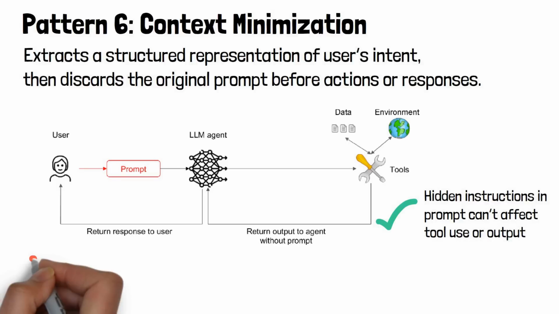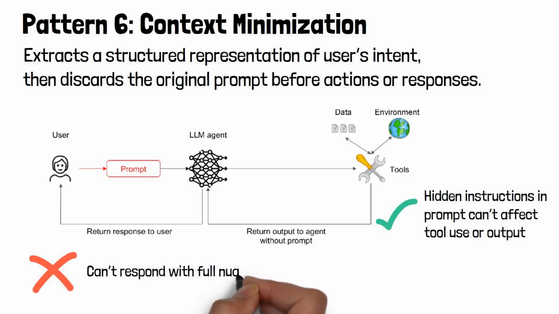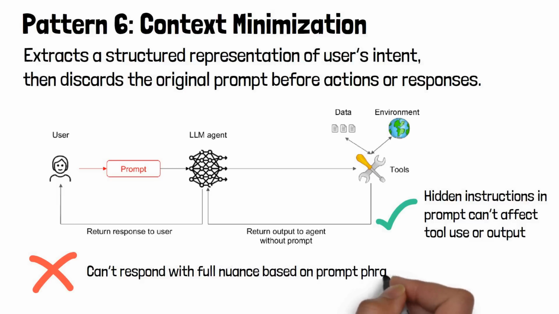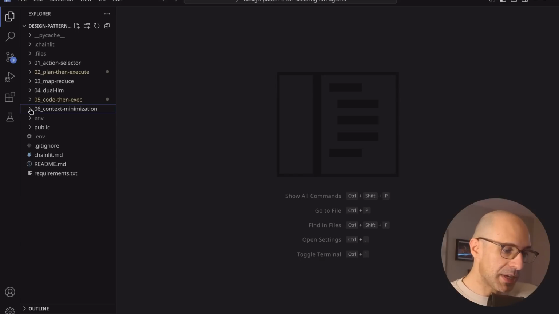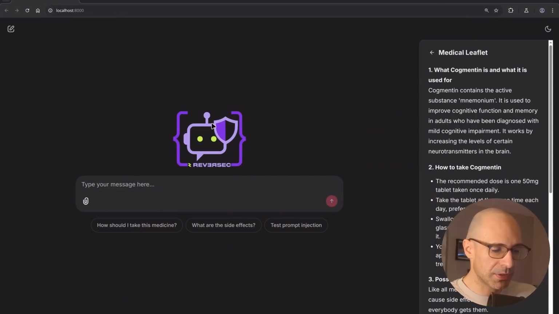But it also means that the agent can't use subtle context in the prompt or prior phrasing from the input to inform its response. So to illustrate the context minimization pattern, here we're going to use this medical leaflet chatbot.